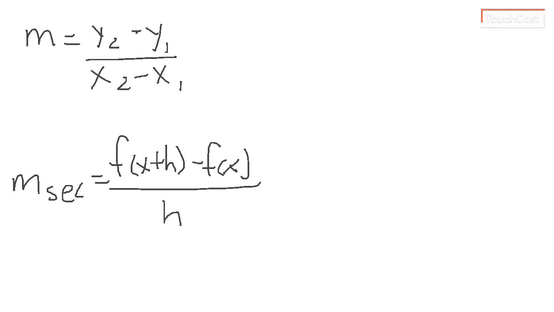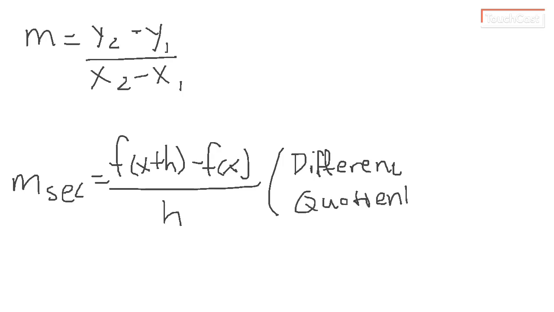Maybe you talked about this specific formula back in pre-calc, but this formula also has a name. It's called the difference quotient. So we're going to be utilizing this difference quotient to estimate the slope of a tangent.